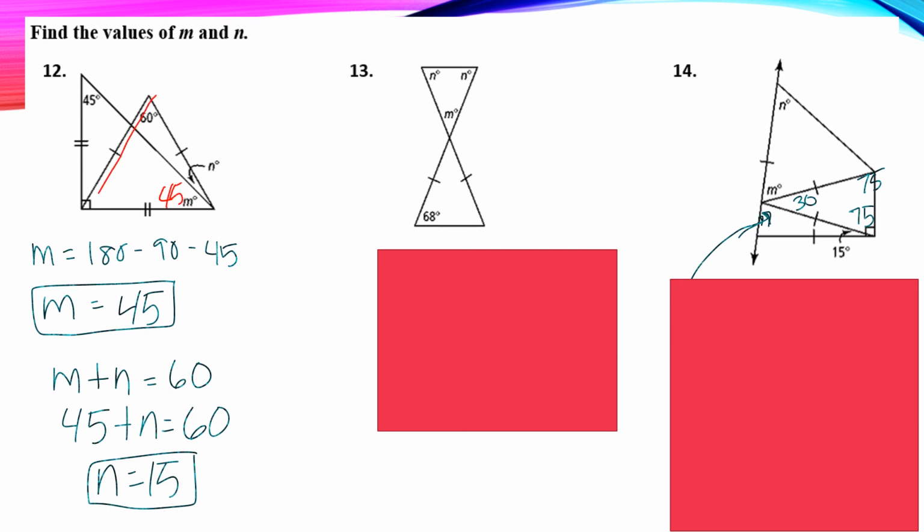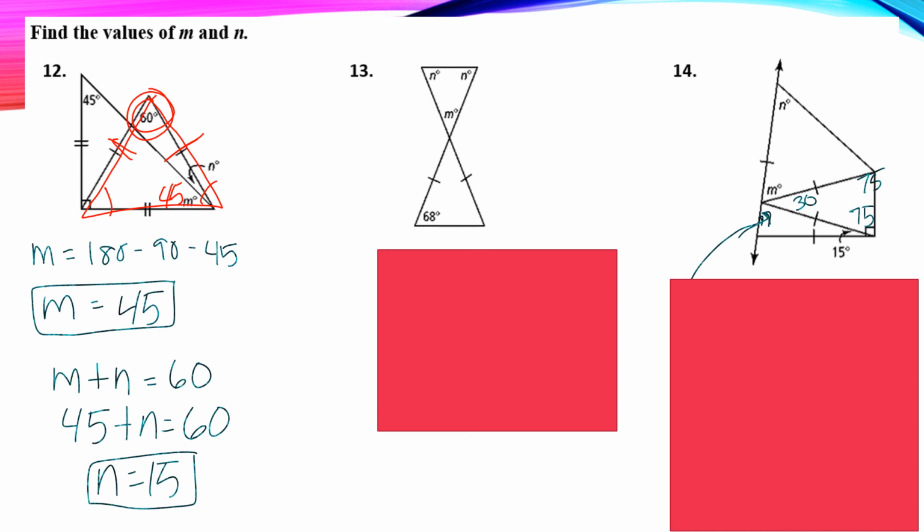In my other triangle here, if this angle is 60 up here and these two sides are congruent, that means these two angles also have to be 60, because 180 minus 60 is 120, and then 120 divided by 2 is 60. So then I did M plus N equals 60. I plugged in 45 for M, and I got N equals 15.